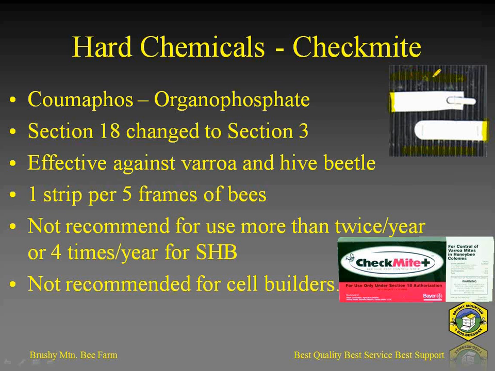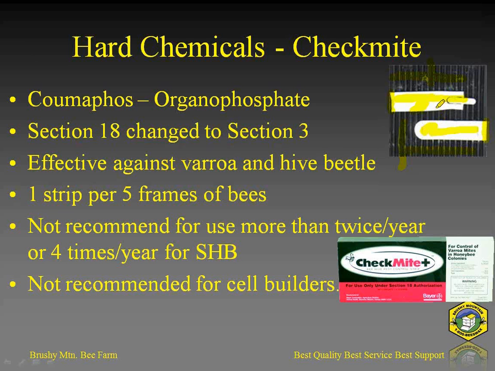You set this down on your bottom board with these strips facing down, and as the bees chase the beetles, they sort of scurry into these corrugations to hide from the bees. They come in contact with the Checkmate strip and are killed that way.